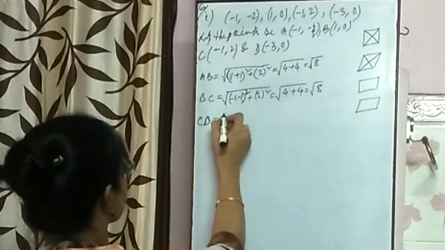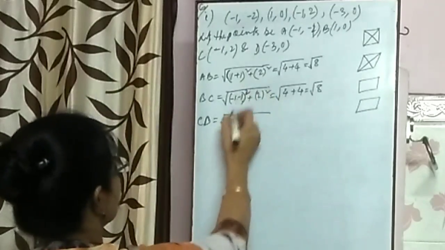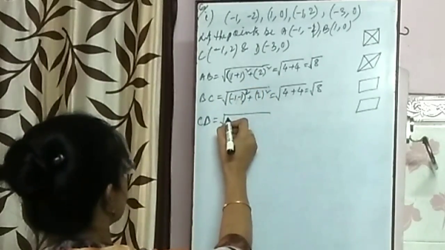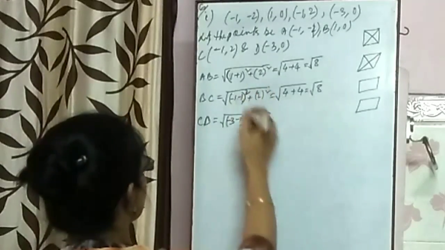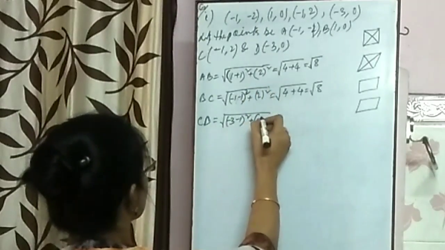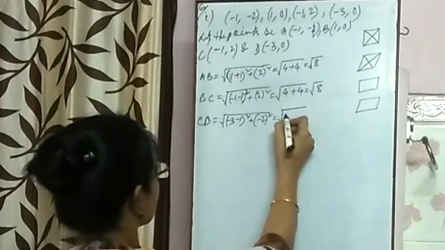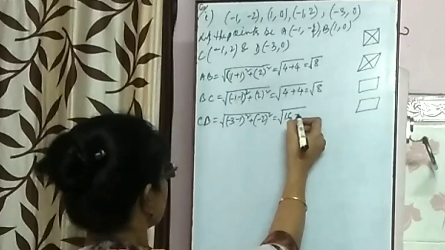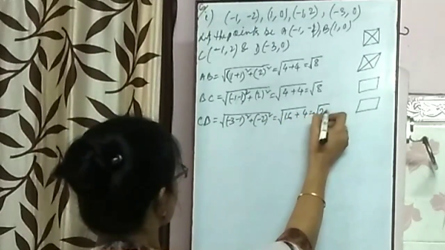CD: minus 3 minus 1, 0 minus 2, minus 4 square, it's 16, plus minus 2 square, 4, it is 20.